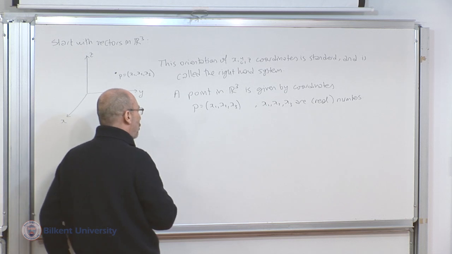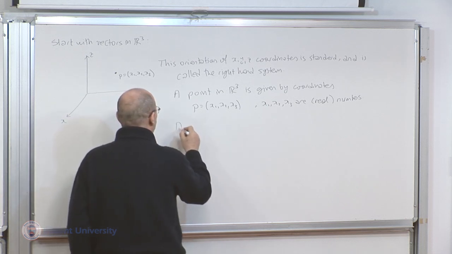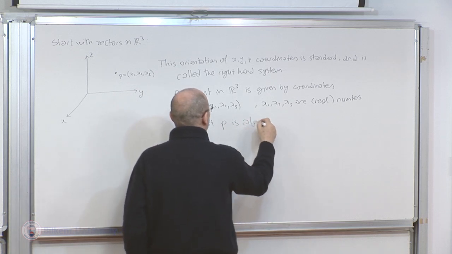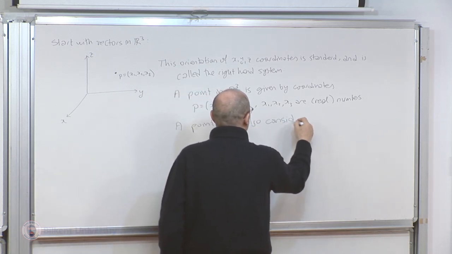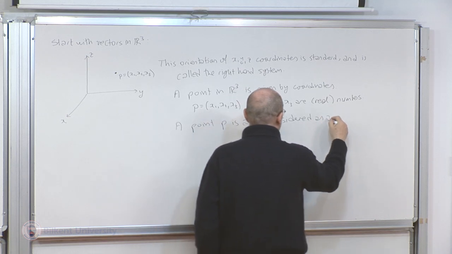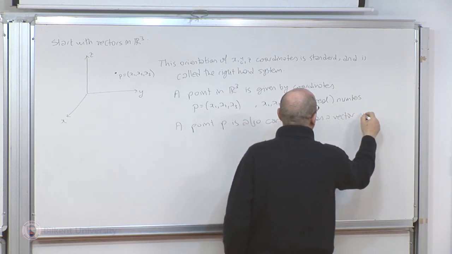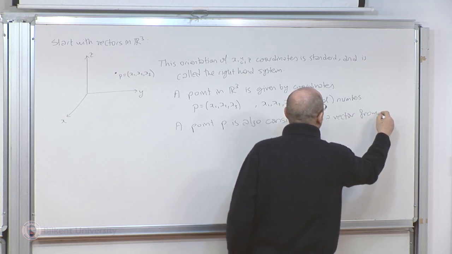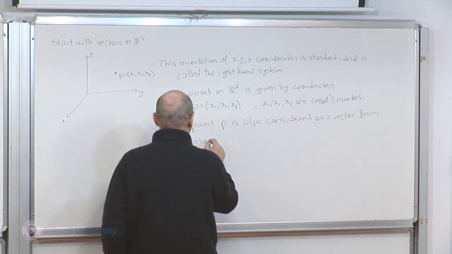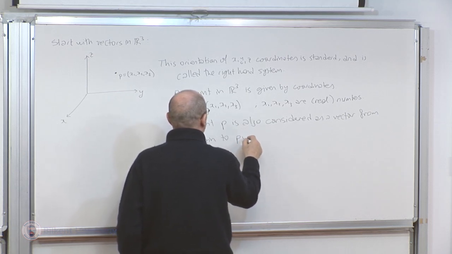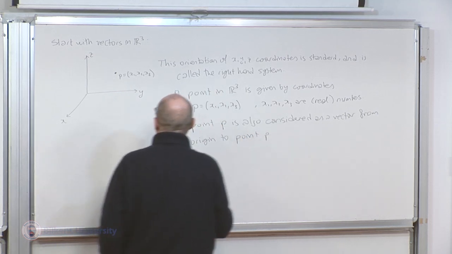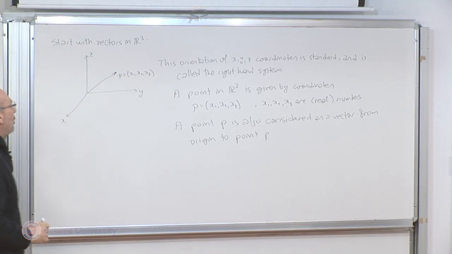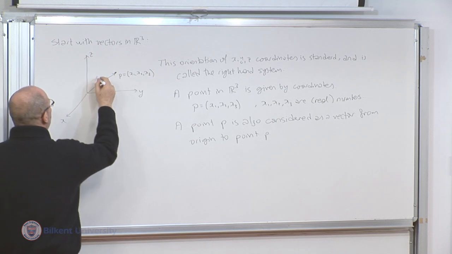A point is also considered as a vector, starting from origin, a vector from origin to point P. Okay, so we denote it like this, and sometimes we denote it like this.